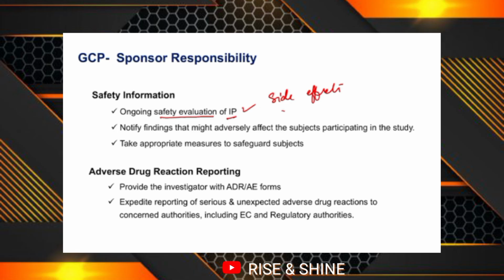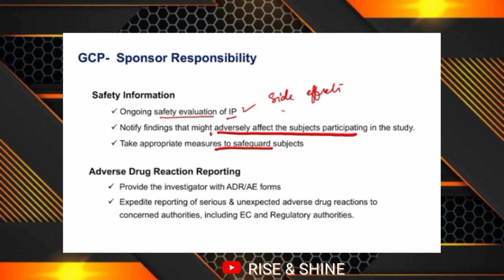Notify any finding that adversely affects subject participation in the study. Any safety related information, whenever they come to know, they have to notify to the site, which is affecting the subject's well-being. They have to take appropriate measures to safeguard the subject.